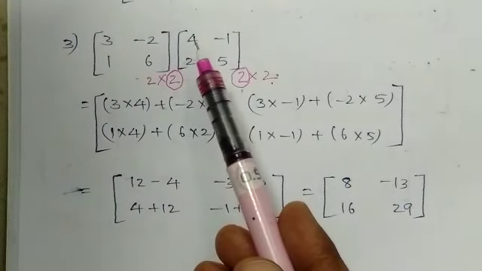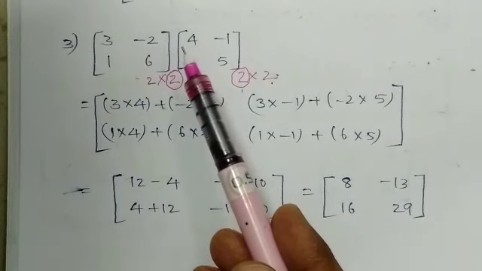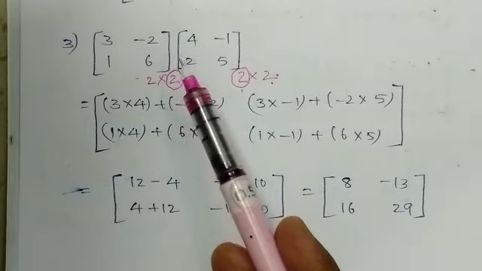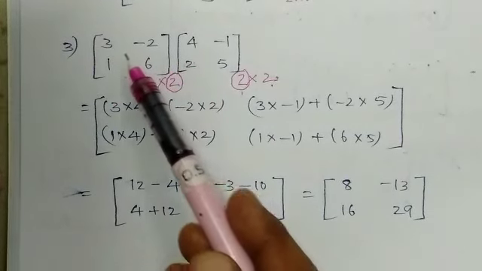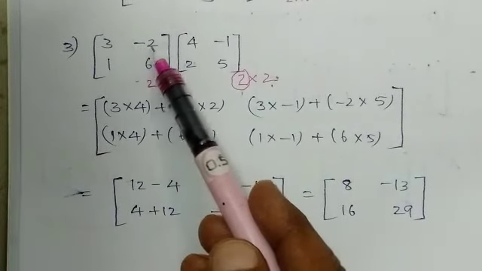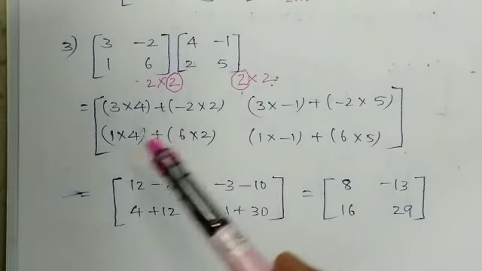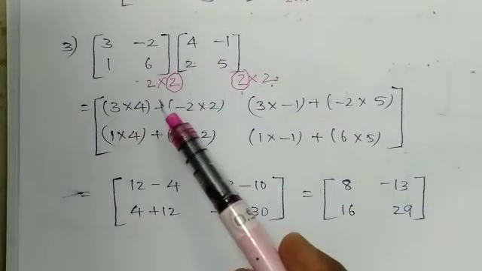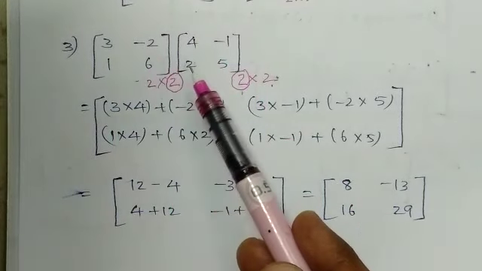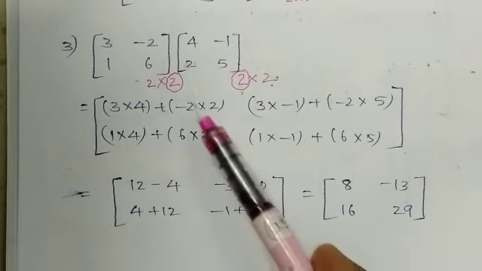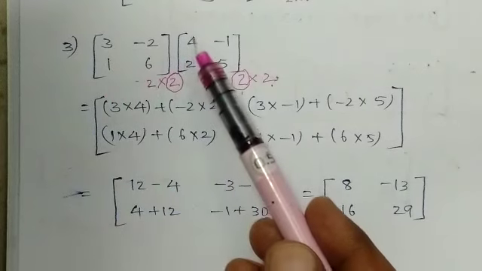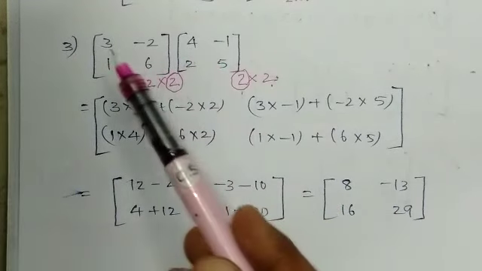So 3 into 4. How to multiply? See here. This row is multiplied with all the columns of second matrix. Multiply 3 into 4 plus minus 2 into 2. This column multiplication is over.